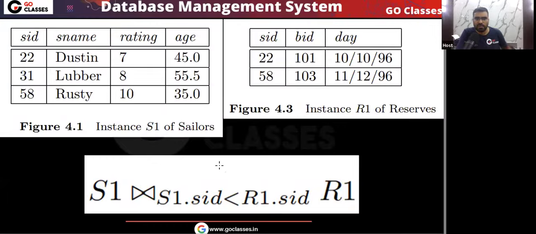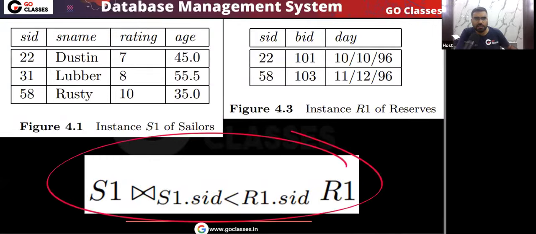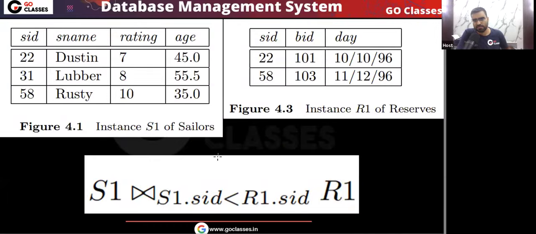Now, let's see the answer for this query. Tell me how many tuples will be there in the answer. S1, this is conditional join. You can see this is the condition that S1 dot SID is less than R1 dot SID. So this is your table S1, this is your table R1. Tell me number of tuples in output.